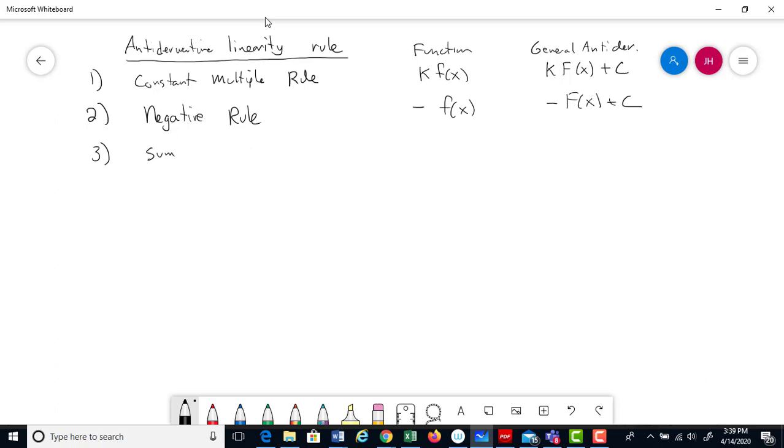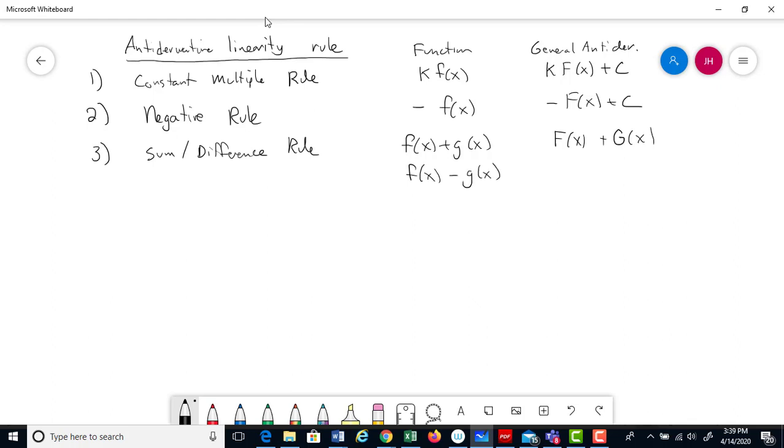3, sum and difference rule. What I have is if I have f of x plus g of x, if I'm going to take the antiderivative of this, well, we know the derivative of the sum is the sum of the derivatives. So the antiderivative of the sum is going to be the sum of the antiderivatives. Now, it works for plus, and it also works for minus.